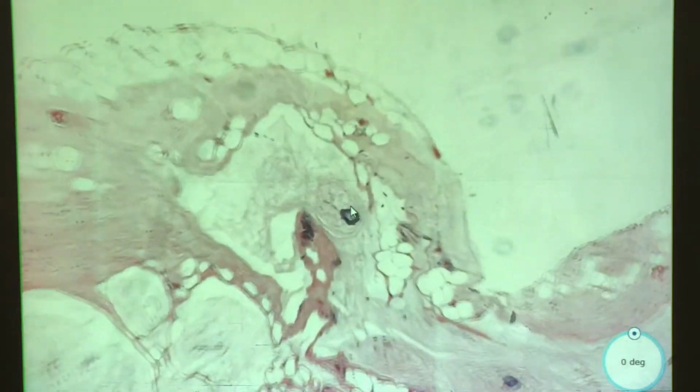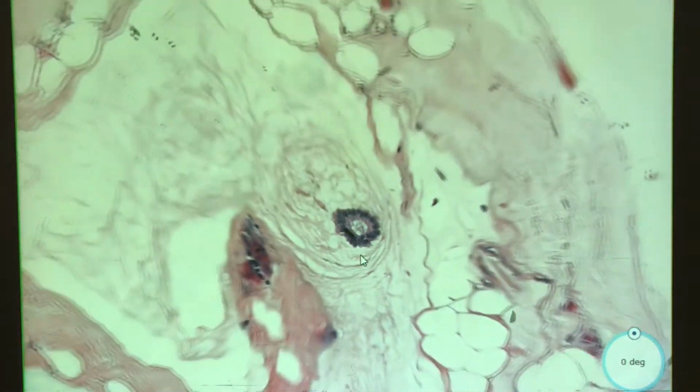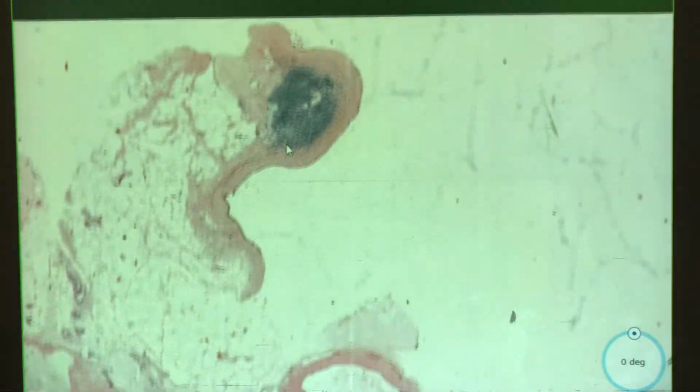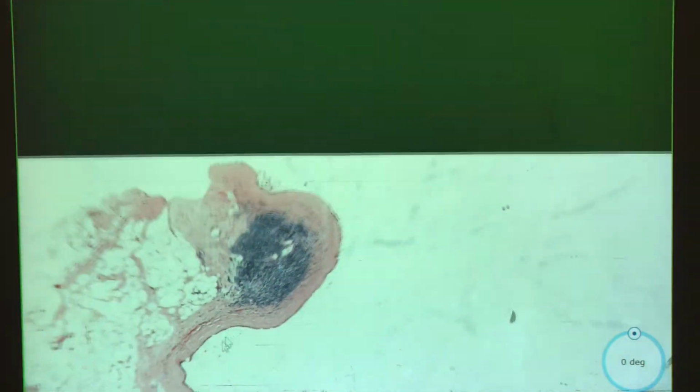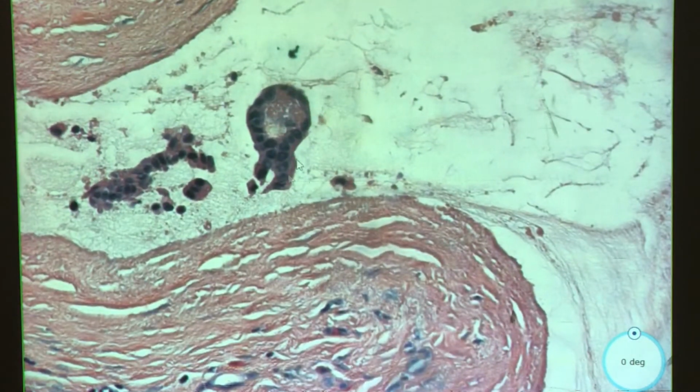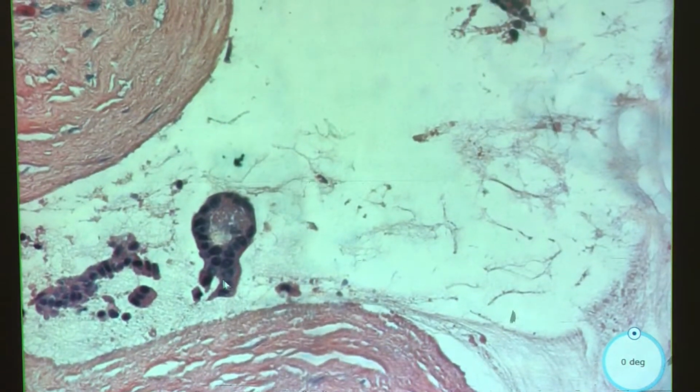Alright. A little more lymphocytic lesions. Okay. Yeah, ugh, look at that. Too atypical. Alright, so what we have is atypical.